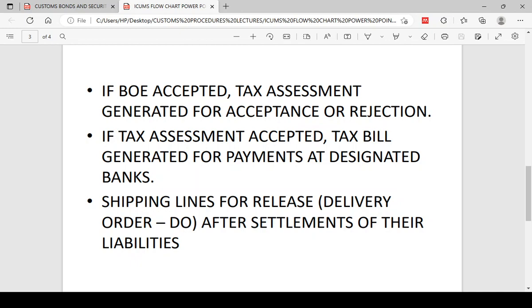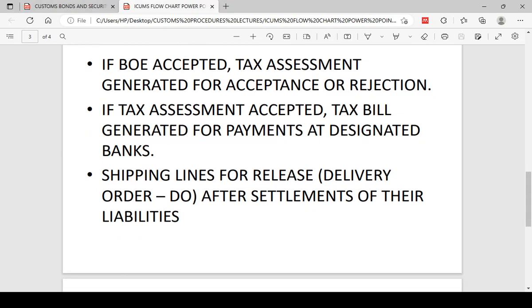But for convenience, use the electronic apps by pressing buttons on your laptop, your desktop, and even your mobile phone, and you are good to go, provided you have credit and money lodged in the account associated with the payment method. After that, you go to the shipping lines for the release or delivery order after settling all their liabilities. After that, you go to the terminal for settlement of liabilities and subsequent examination of goods and exit.